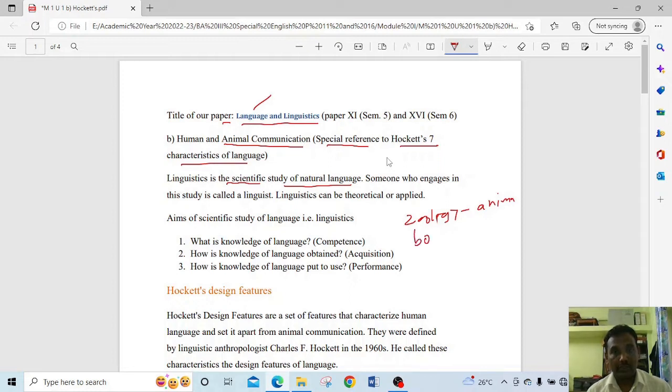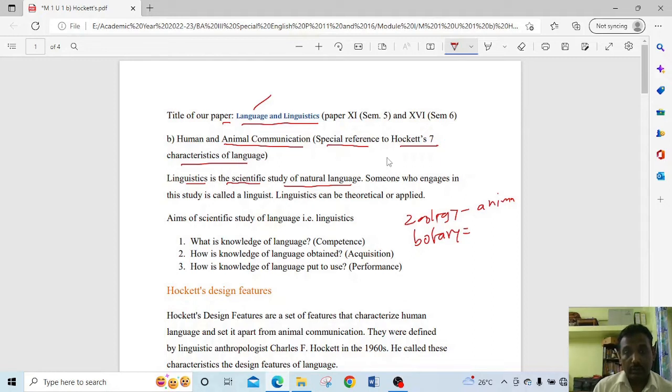In botany, you study flora and fauna. In the same way, linguistics is a systematic study of natural language. So language is systematically studied in this branch of knowledge.